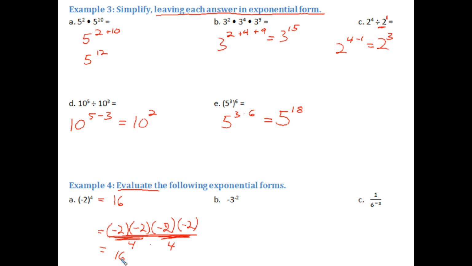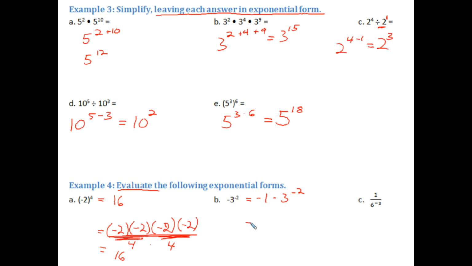This next one, this is negative 3 to the negative second. Now, we can think of this as we did before. It's not in parentheses, so this is a negative 1 times 3 to the negative second. And again, that's because there are not parentheses here. If there were, it would be different.